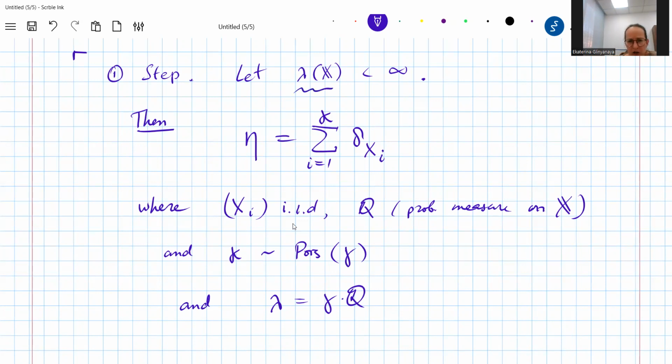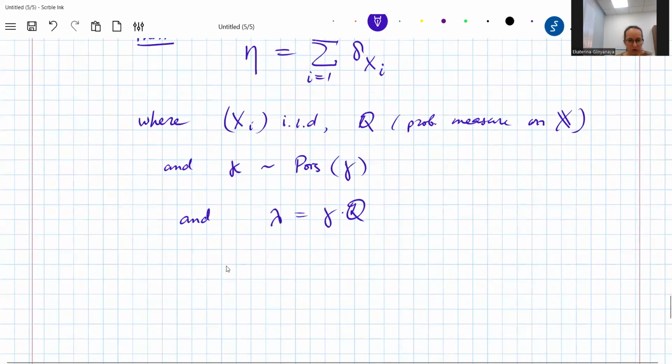So under such a condition, you can find the probability measure and this constant such that this is equal to lambda of X.